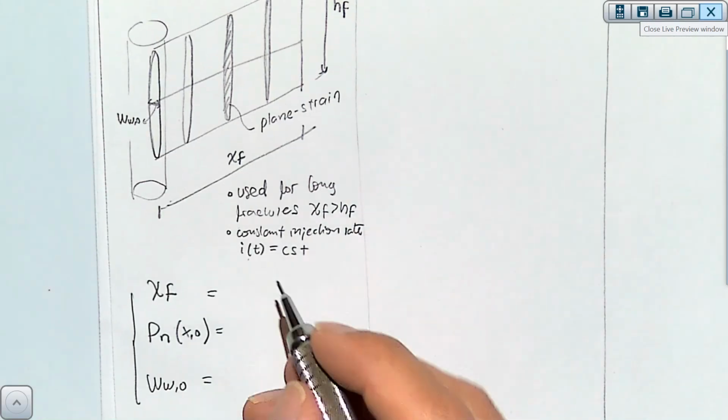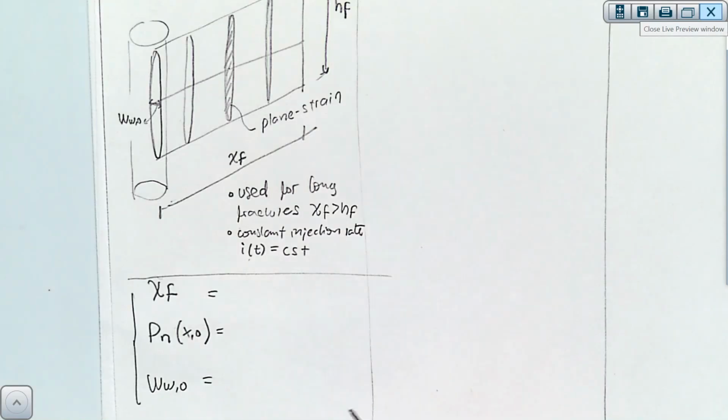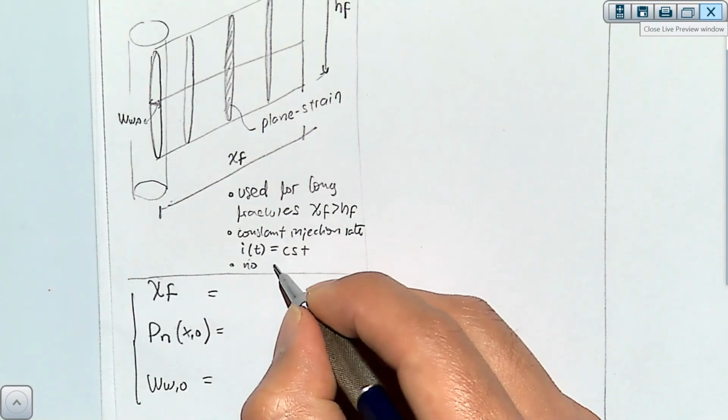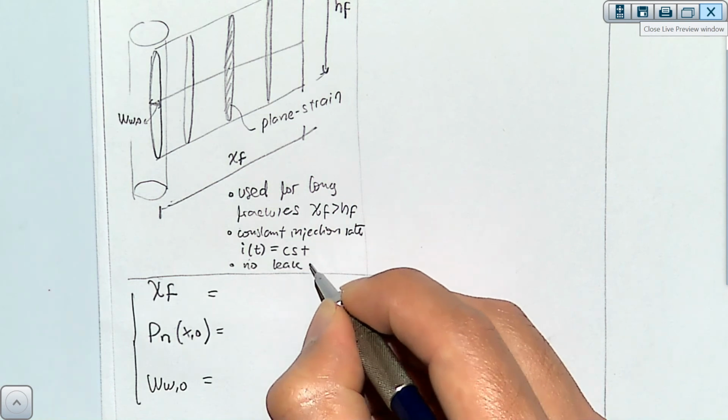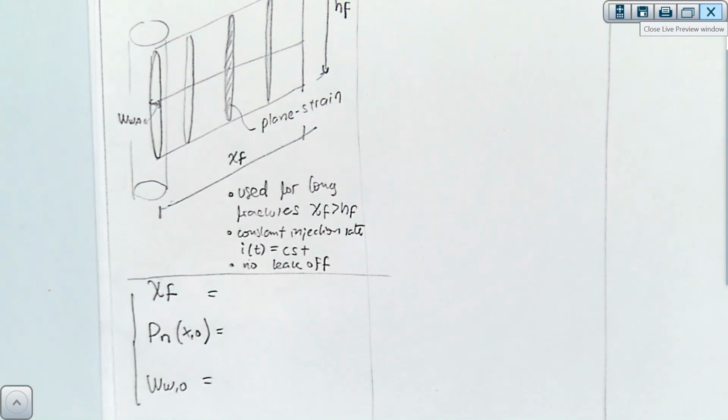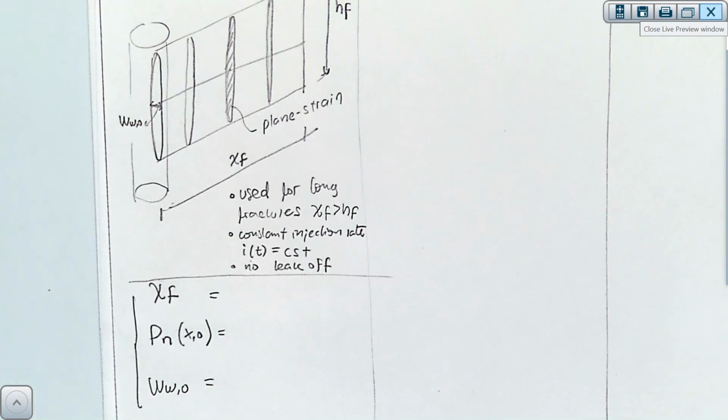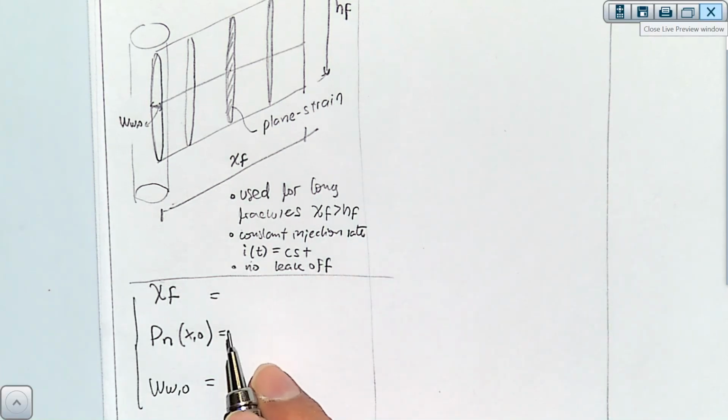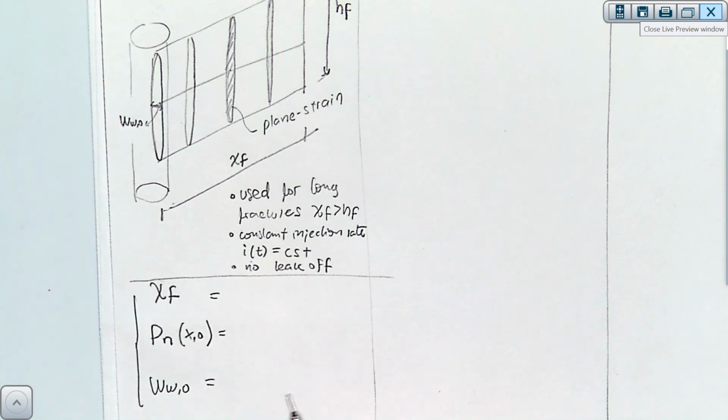And also we'll assume no leak-off. And once you put all of these assumptions together, you can predict again what are all of these as a function of time.